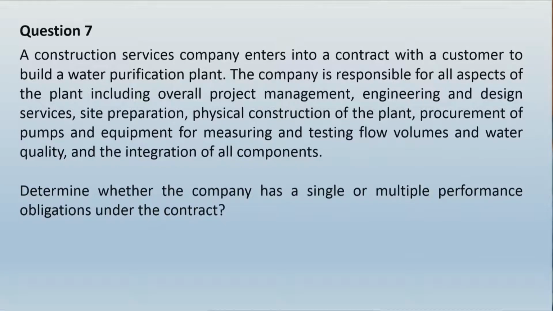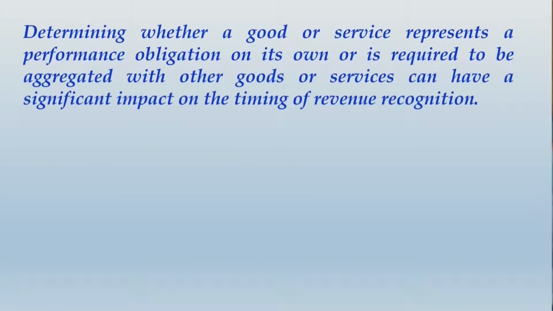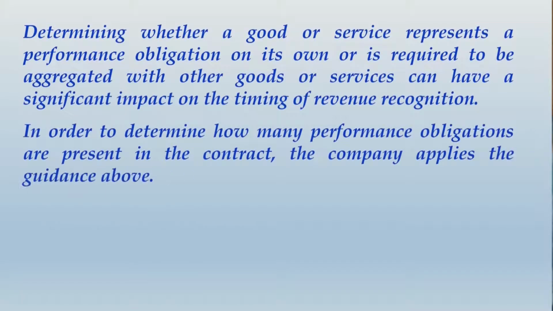So let us see how to write up the answer for the same. In your answer you would begin with writing: determining whether a good or service represents a performance obligation on its own or is required to be aggregated with other goods or services can have a significant impact on the timing of revenue recognition. In order to determine how many performance obligations are present in the contract, the company applies the guidance above.